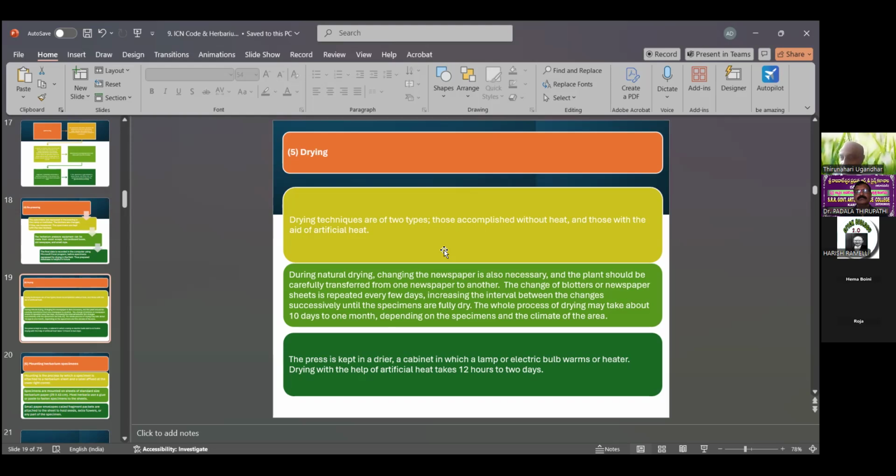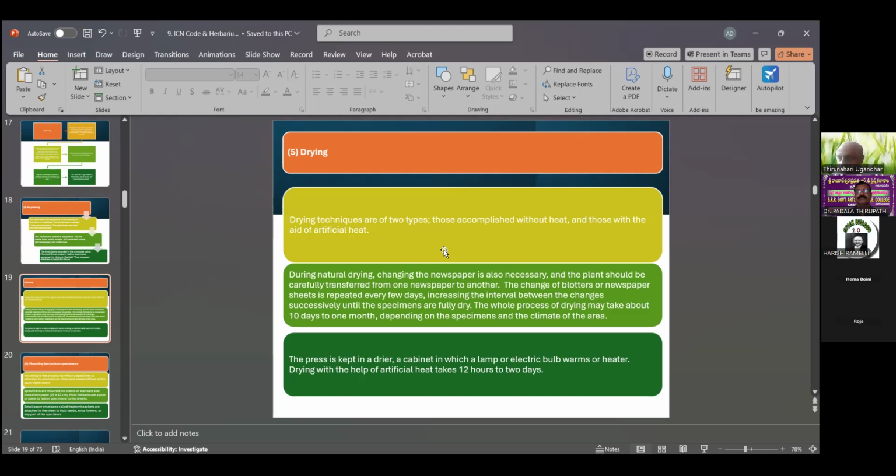We can use only the natural process for drying twigs, with newspaper. The plant should be carefully transferred from one newspaper to another without any damage to the twigs.